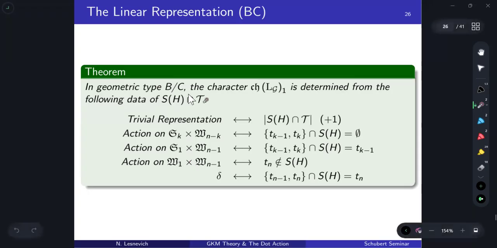And it's interesting in the type BC case because there's not really a lot of agreement on what a general type conjecture is in types B, C, or D for that matter.